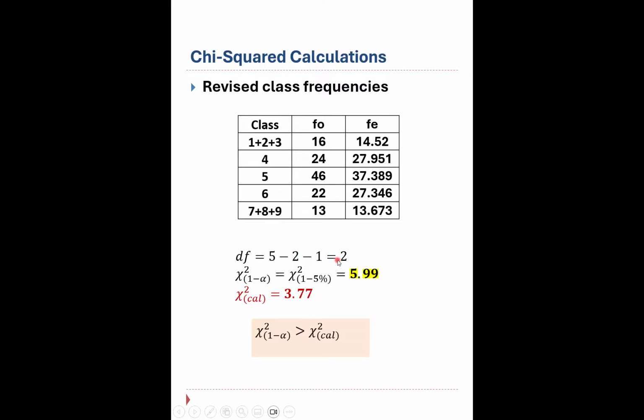So the degrees of freedom are 2, and at these degrees of freedom and 5% level of significance, we have the critical value 5.99. So again, the critical value is larger than the calculated value.